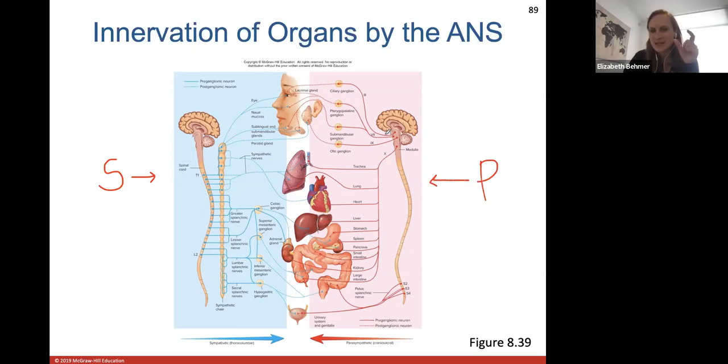The parasympathetic spinal nerves come off in the cranial region using some of the cranial nerves, as well as some of the spinal nerves come off in the sacral region. So we sometimes call your sympathetic division the thoracolumbar division for the spinal nerves coming off of that region, and the parasympathetic division is the craniosacral division.